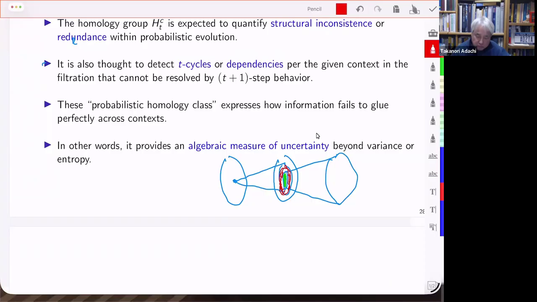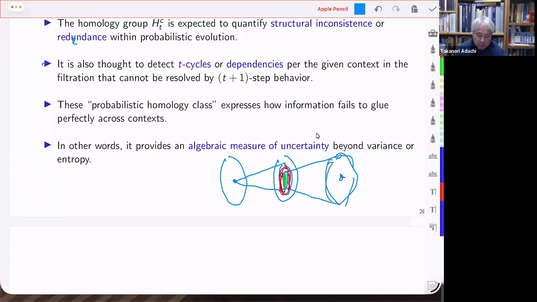Everything can be explained consistently. If this red part is vanishing, then everything is consistent. But if there is an area of this red part, then there is something which is not explained by these. So this red part cannot be explained by the next steps or the future phenomena.